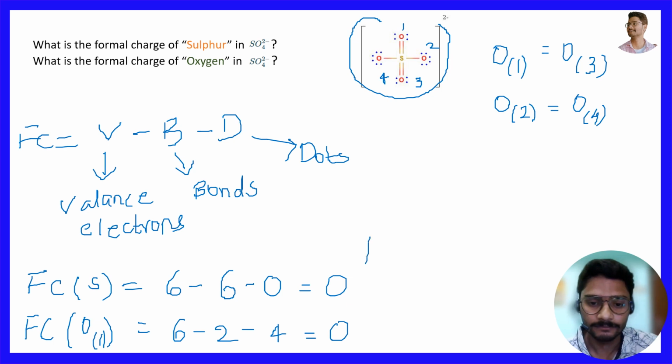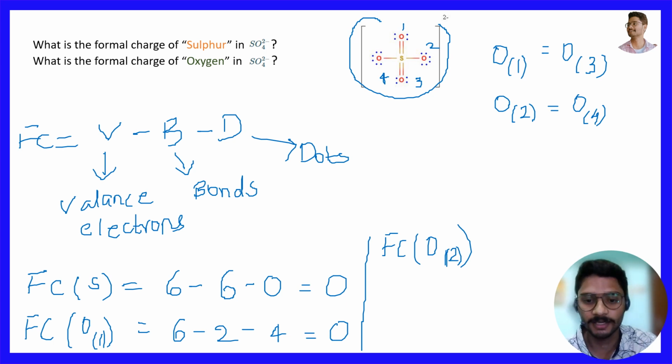Okay. Now we are going to find the formal charge on oxygen 2. The formal charge on oxygen 2 will be the same as that on oxygen 4 as well, right? So first of all, we have to think of the valency of the oxygen atom. So 6 is the valency of oxygen. We are all very much aware. We have solved this in the case of oxygen 1 also.